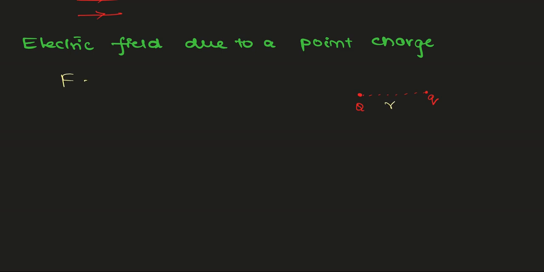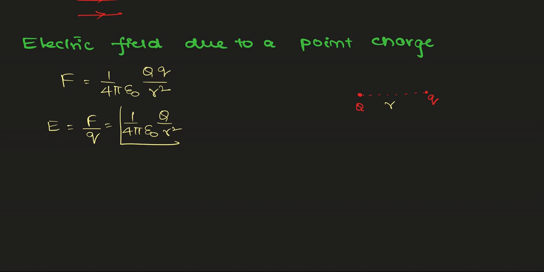Then the Coulomb force between them is given as 1 by 4 pi epsilon naught q by r square. So from the definition of electric field, that is force per unit test charge, it will be 1 by 4 pi epsilon naught q by r square.